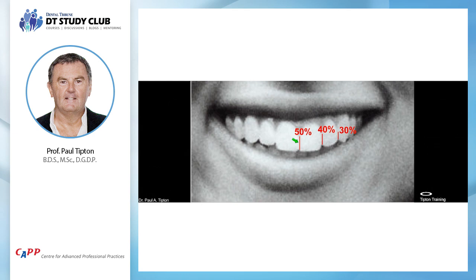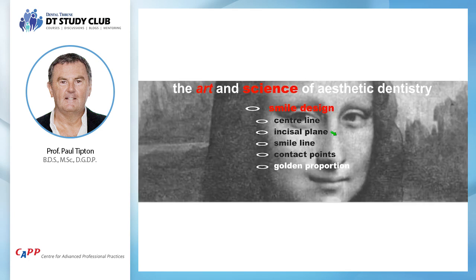As we go from central to lateral, the connector length now between central and lateral should be 40% of the length of a central. As we move out towards the canine, the connector length between the lateral and the canine should be 30% of the length of a central incisor. And this will give us a beautiful looking smile.